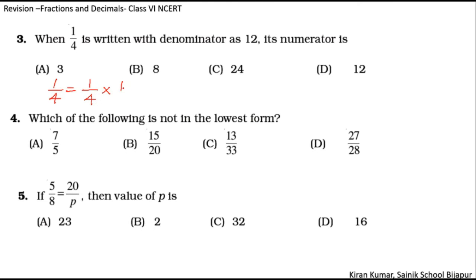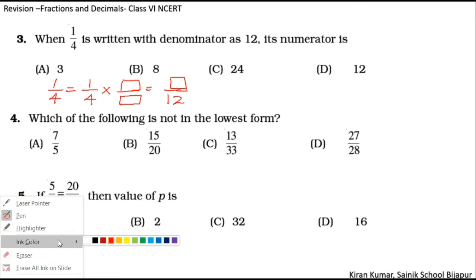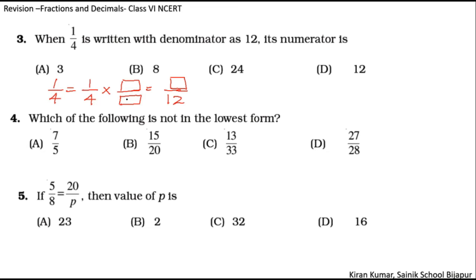So it means that I need to multiply a certain number to both numerator and denominator, then only I'll be getting the denominator as 12. So what should be multiplied here? Here we know that 4 multiplied by 3 will give 12. So 3 has to be multiplied here, so 3 should be written on the numerator.